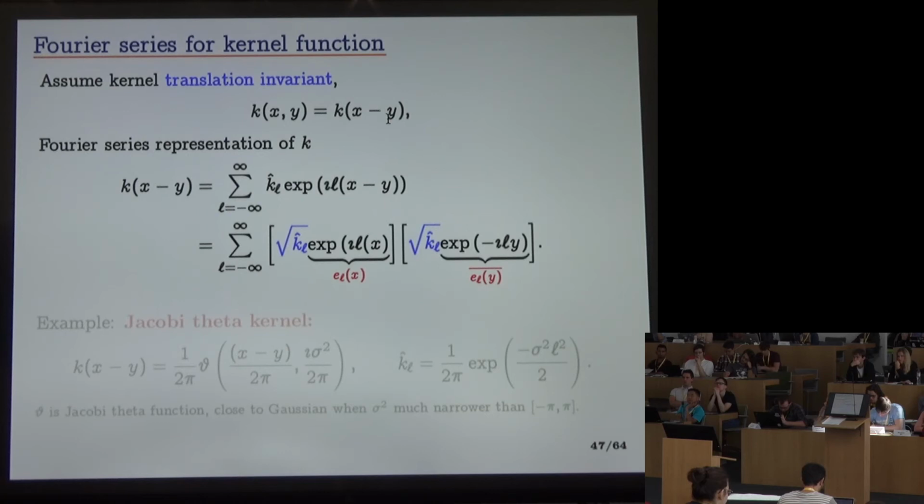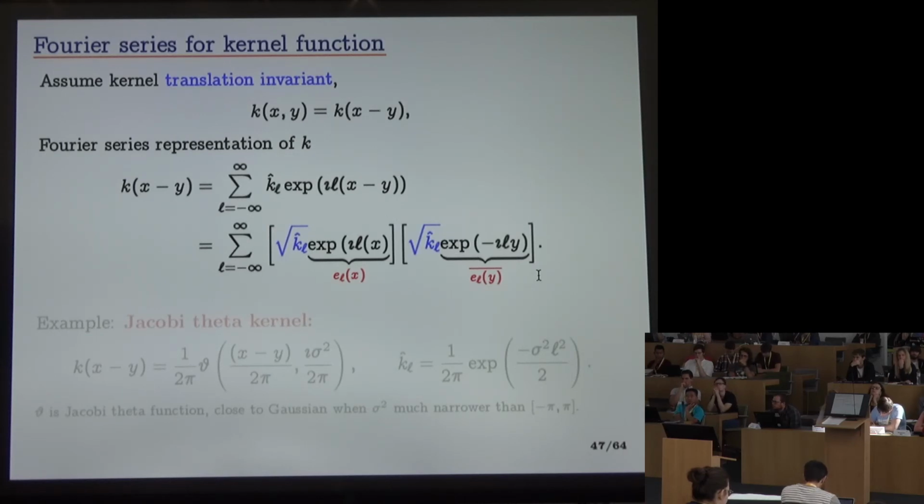If my kernel is a function of the difference of its arguments, then I can express k of x minus y as a Fourier transform of this complex exponential of x minus y. Then I can express this as the square root of k times features of x, and the square root of k times the complex conjugate of the features of y, where I just switch the sign of my imaginary part.